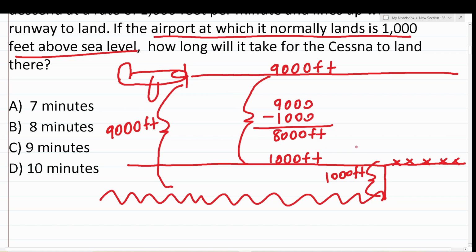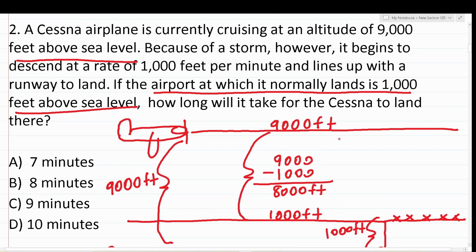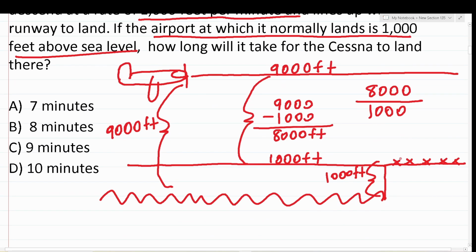All right, and we know, according to the problem, that this Cessna airplane is descending at a rate of 1,000 feet per minute. So we're going to take 8,000, which is the total vertical distance it has to travel. We're going to divide that by 1,000, which is the rate at which it's descending per minute. And that's all we have to do. 8,000 divided by 1,000.